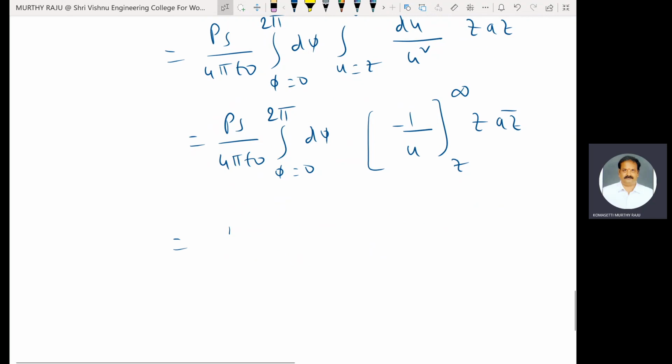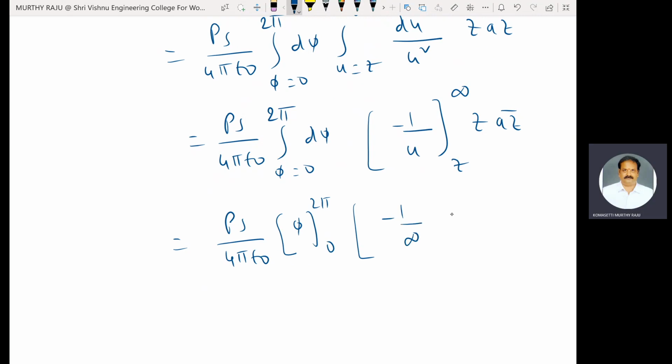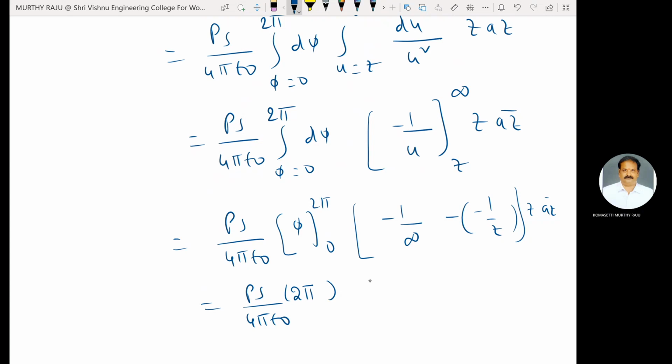That is equal to rho_s by 4 pi epsilon 0, 2 pi, times minus 1 by infinity minus of minus 1 by z, a_z. That is 0 plus 1 by z.